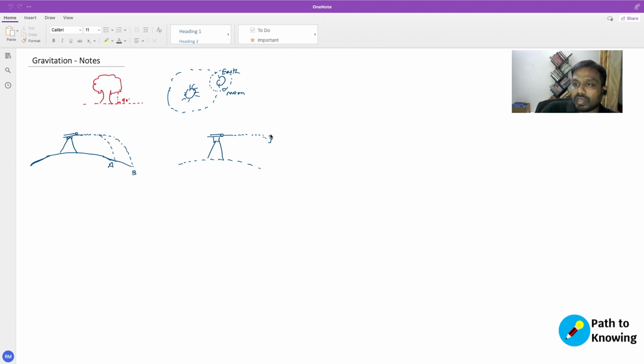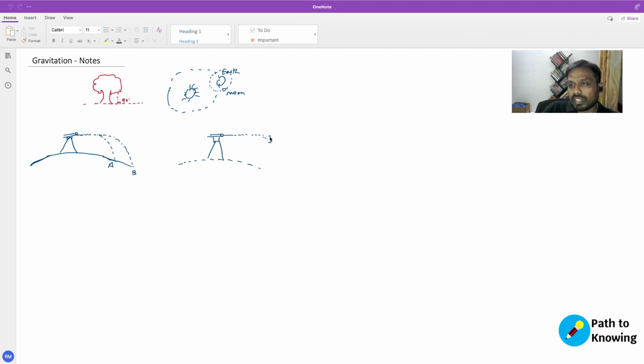Now it would have taken a long time to reach this point because it was fired with a very high velocity. So by that time, the Earth is also not flat. The Earth is curved, and the Earth is also rotating, which means the Earth would have moved away.